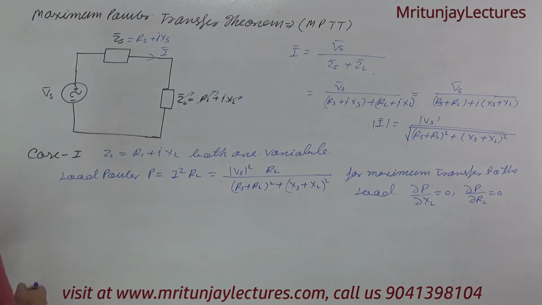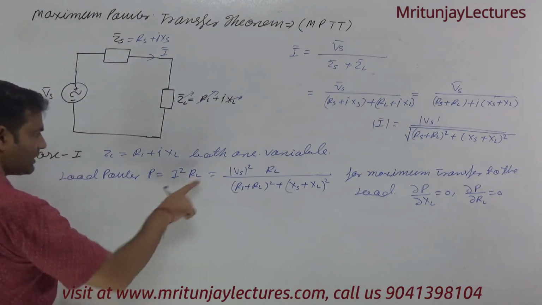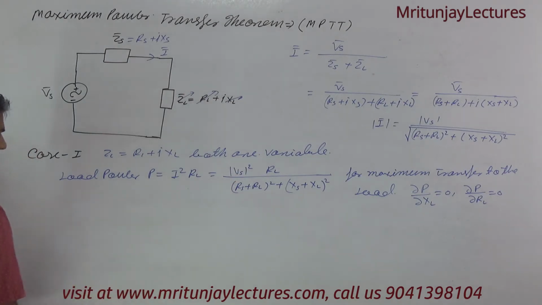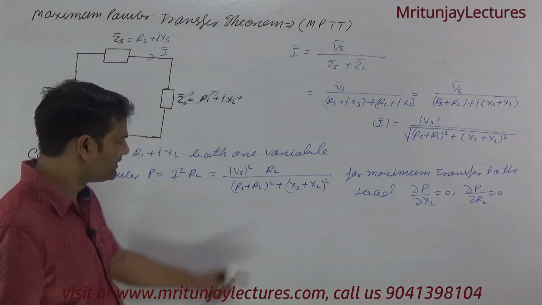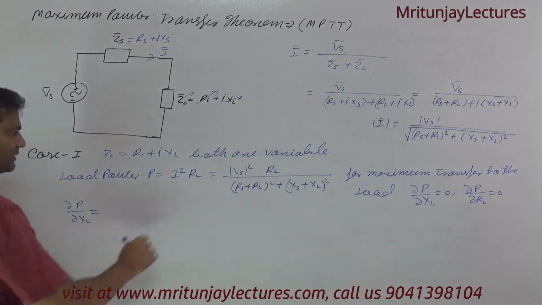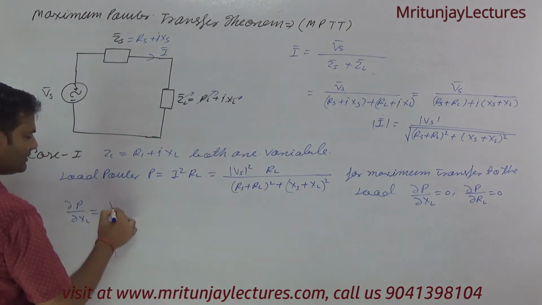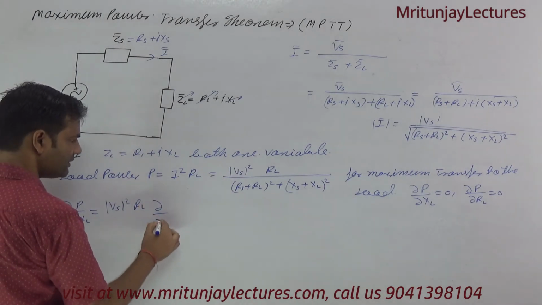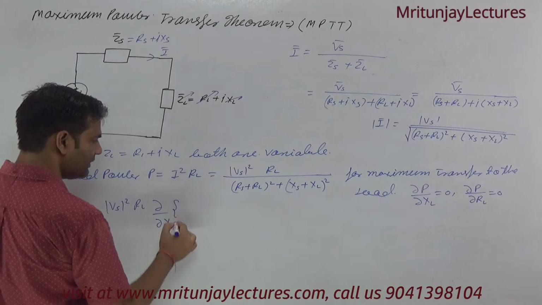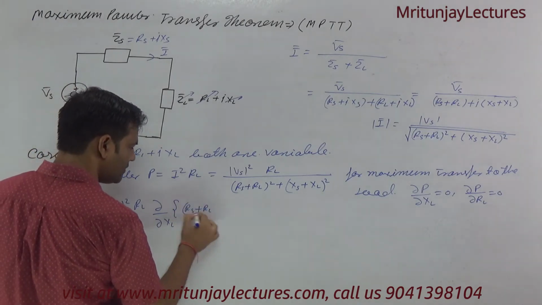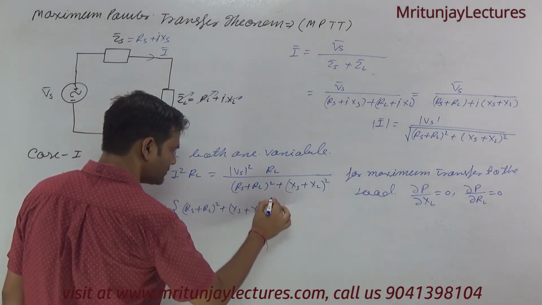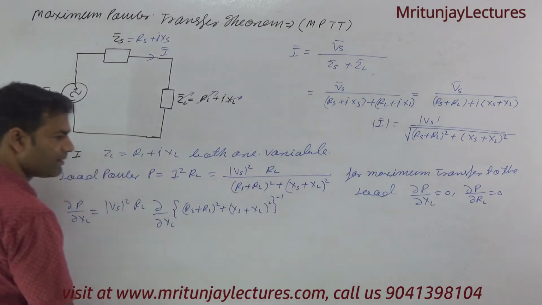Now first of all, differentiate this with respect to XL. So dP by dXL is equal to, if we differentiate with respect to XL, this part is constant. So it is written as Vs square into RL, and this one is Rs plus RL to the whole square plus Xs plus XL to the whole square, to the power minus 1.